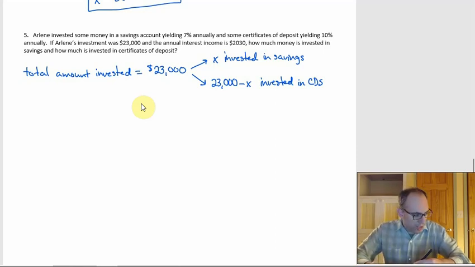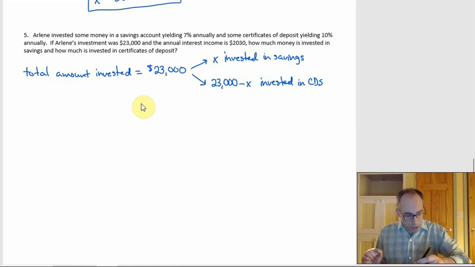But now that we have that set up, then we should be able to figure out the two ways that you can write the interest income. Because that's actually how we're going to put this together. And with the mixtures, a really common way of handling it is to make a table.